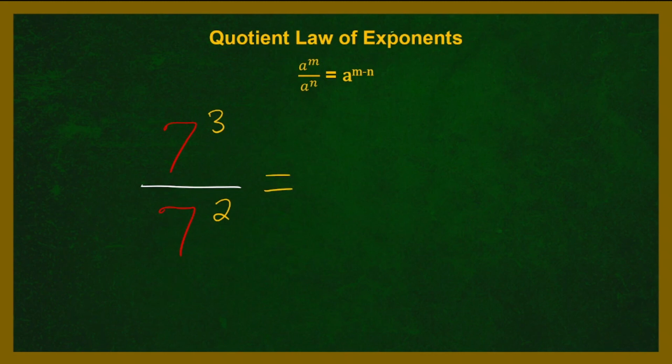Well, when we evaluate this expression, our solution will be a, which is 7, raised to the m minus n, which is 3 minus 2, which would give us a solution of 7 to the 1st power, which is the same thing as 7.